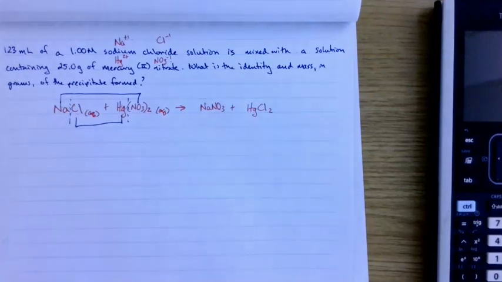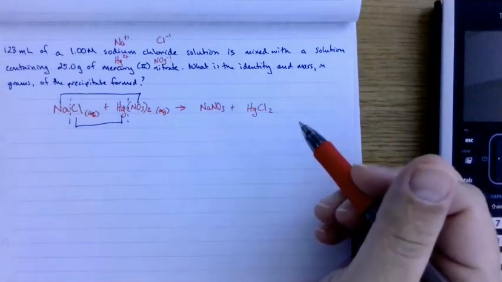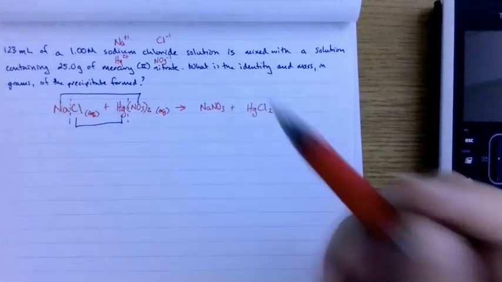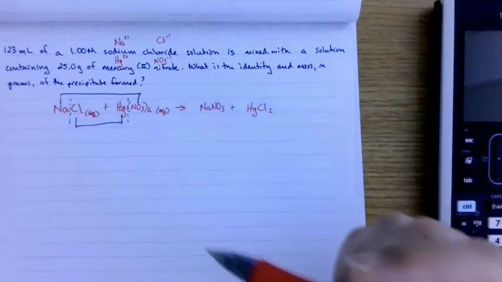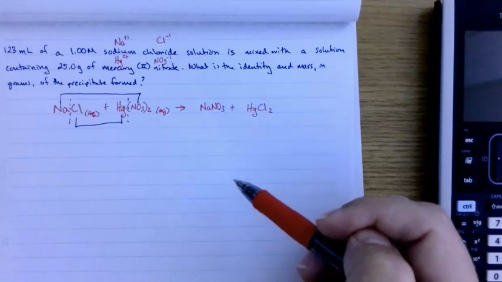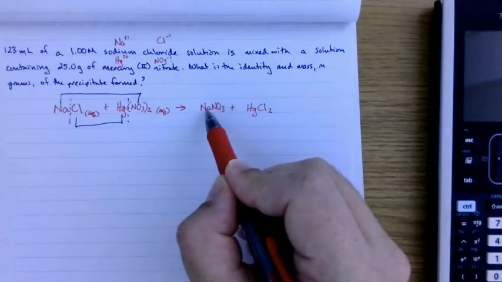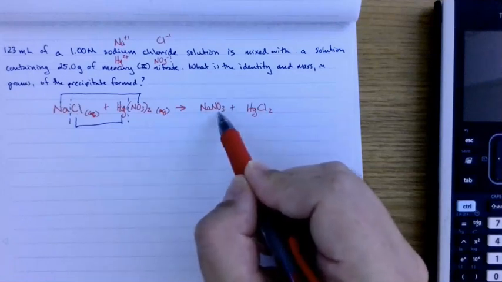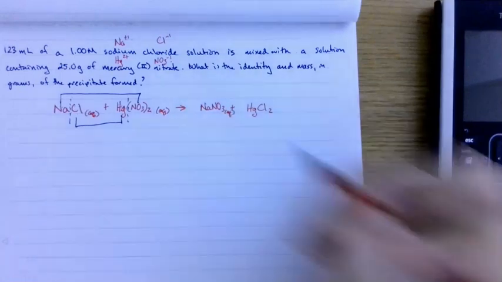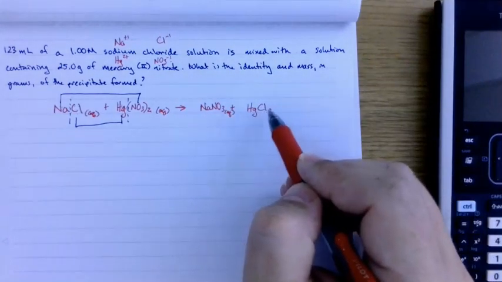Which, if any, of these 2 compounds are soluble or insoluble? The first rule of solubility is that group 1 metals, nitrates, and ammonium ions make things soluble always. In this first compound I have a group 1 metal, sodium, and I have a nitrate ion. So this is soluble, aq. Next we have mercury 2 chloride.